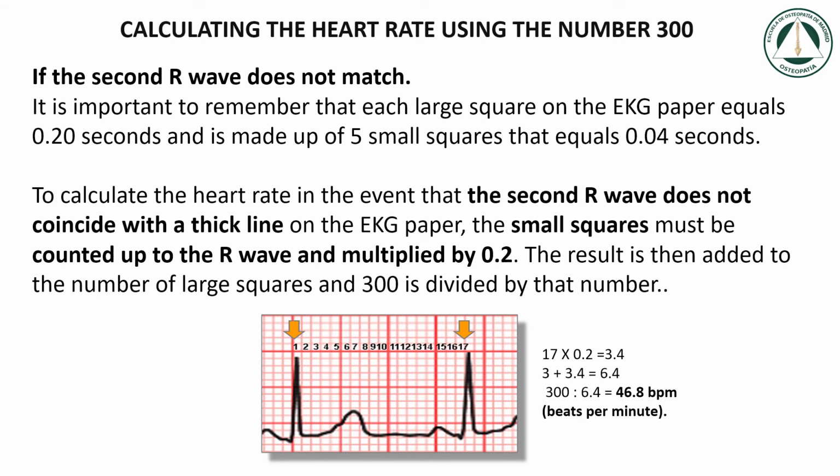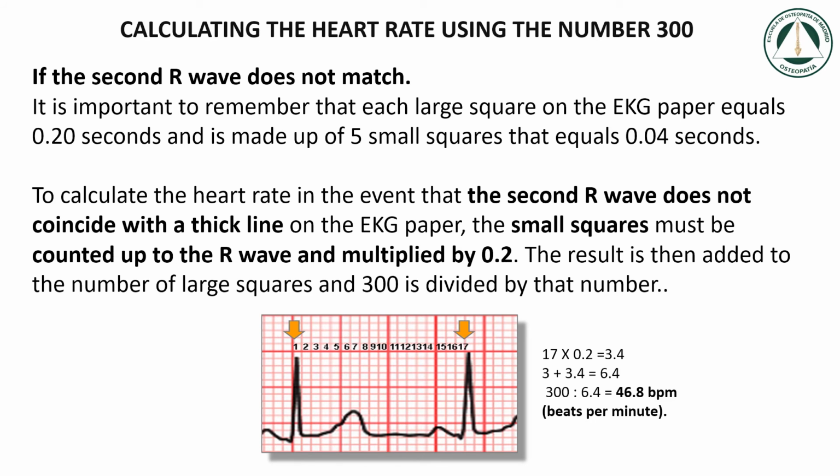If the second R wave does not match, it is important to remember that each large square on the EKG paper equals 0.20 seconds, and is made up of 5 small squares, each equal to 0.04 seconds. To calculate the heart rate if the second R wave does not coincide with a thick line on the EKG paper, the small squares must be counted to the R wave and multiplied by 0.2.